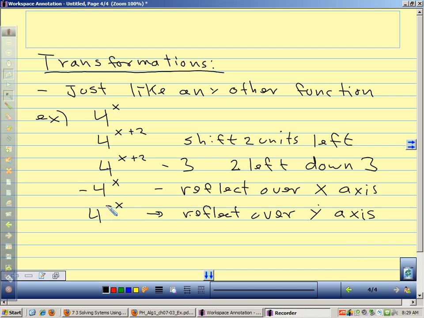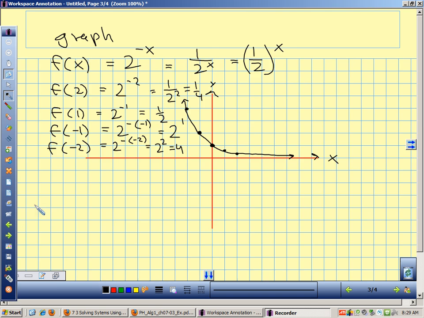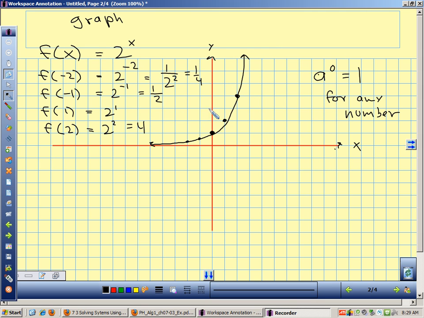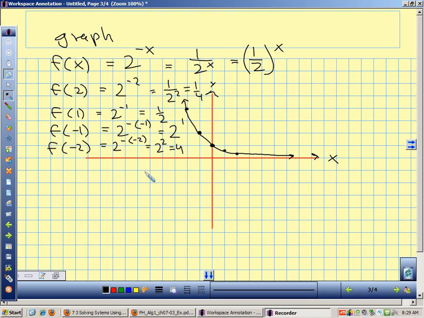And this is what we just saw when we graphed our 2 functions, 2 to the x and 2 to the minus x. If we go back and look, here's 2 to the minus x, and here's 2 to the x. They're reflections of each other over the y-axis.